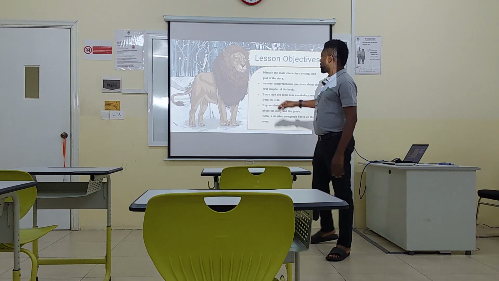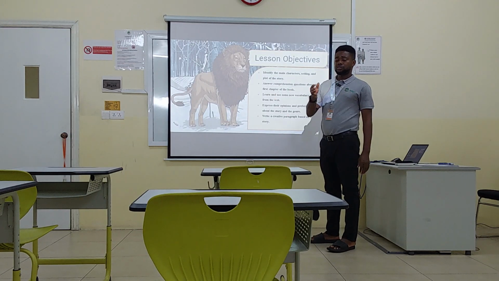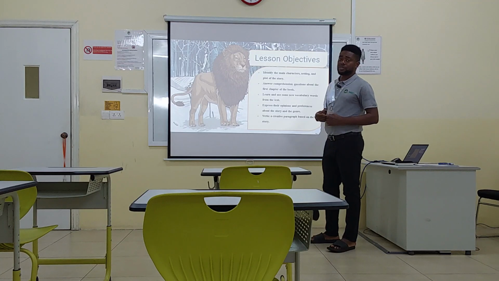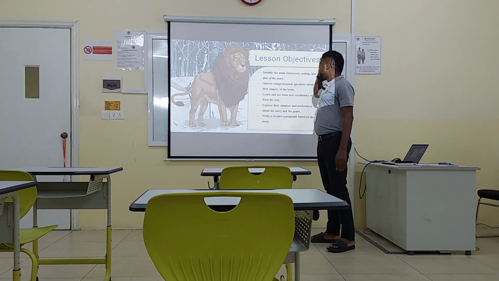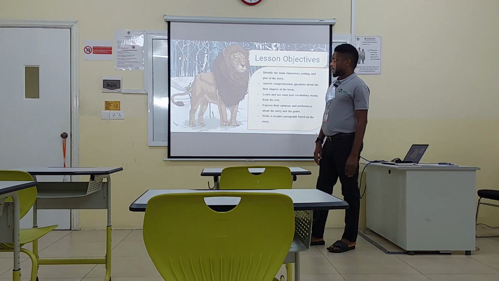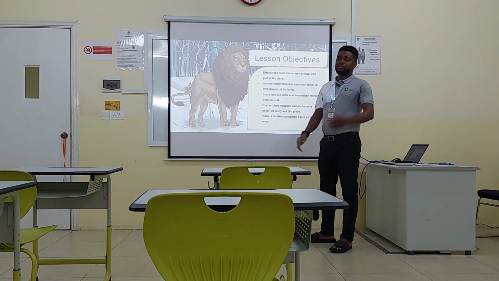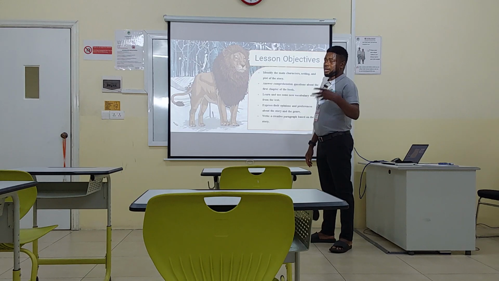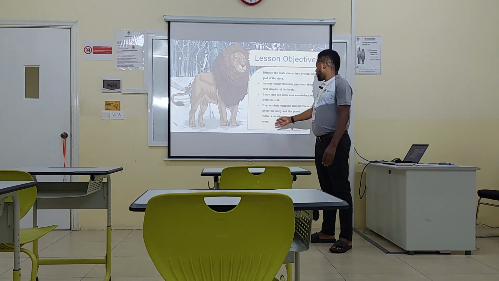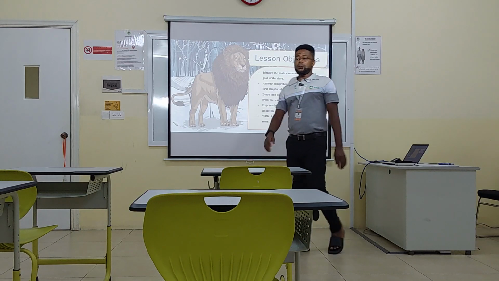After the reading, you will answer some comprehension questions, and you will learn and use some new vocabulary words from the text. And then finally, you're going to express your opinions and preferences about the story and the genre. And finally, you're going to write a creative paragraph based on the story.